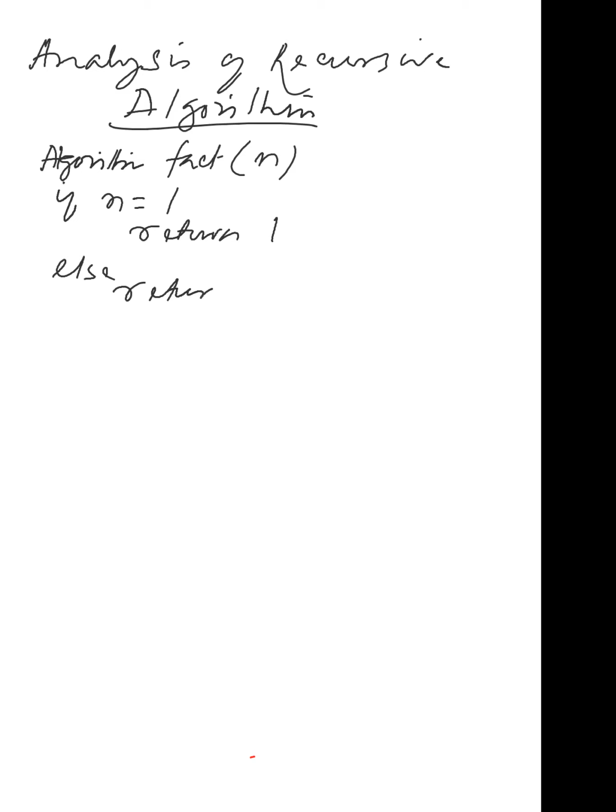If you write the algorithm of it, suppose it is a factorial function fact(n), and if your n is equal to 1, then we can return 1, else we can return n into fact(n minus 1). So this is a very simple algorithm.